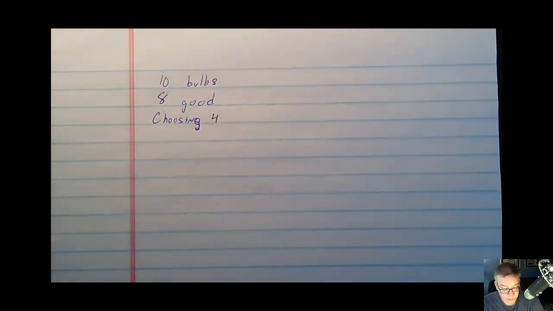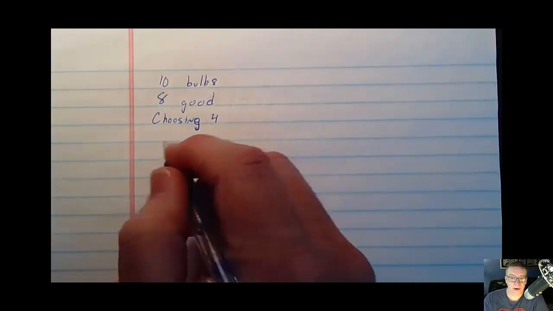So I think it's worth thinking here about our sample space. Our sample space would be that we're choosing 4 bulbs from 10 altogether. So we want to think about the number of ways in which we can do that.